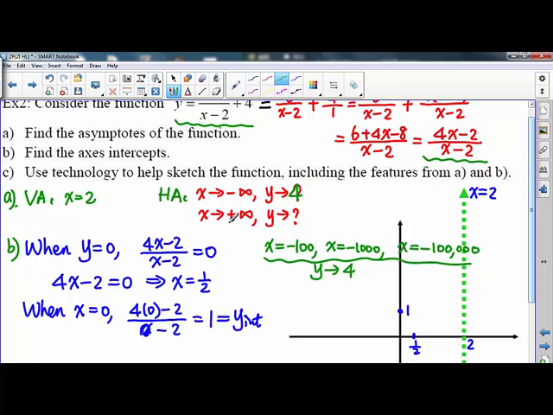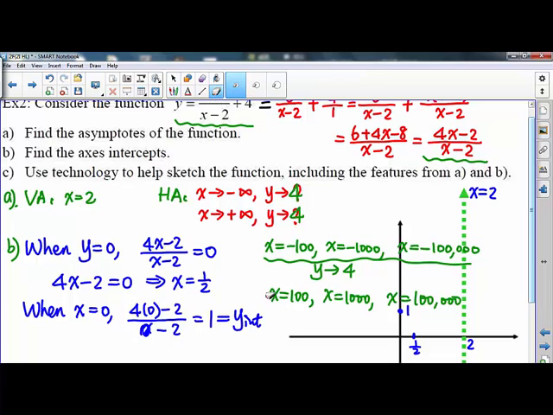The same idea for when x is approaching positive infinity. Let's say x is 100, x is 1000, x is 100,000. You find all the y values, then you will find all the y values are getting closer to 4.